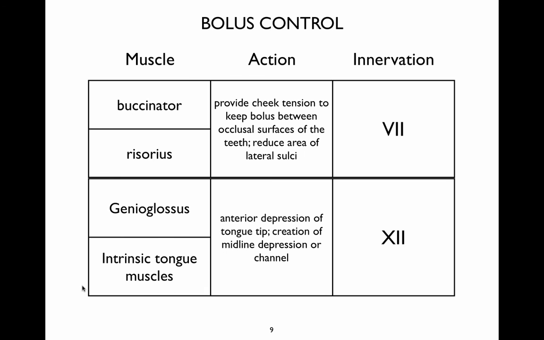The buccinator and the risorius to keep lip tension appropriate, the genioglossus and the intrinsic muscles of the tongue to create specific tongue shapes, such as anterior depression of the tongue tip and then the elevation eventually of the tongue tip, and also creating that midline depression.